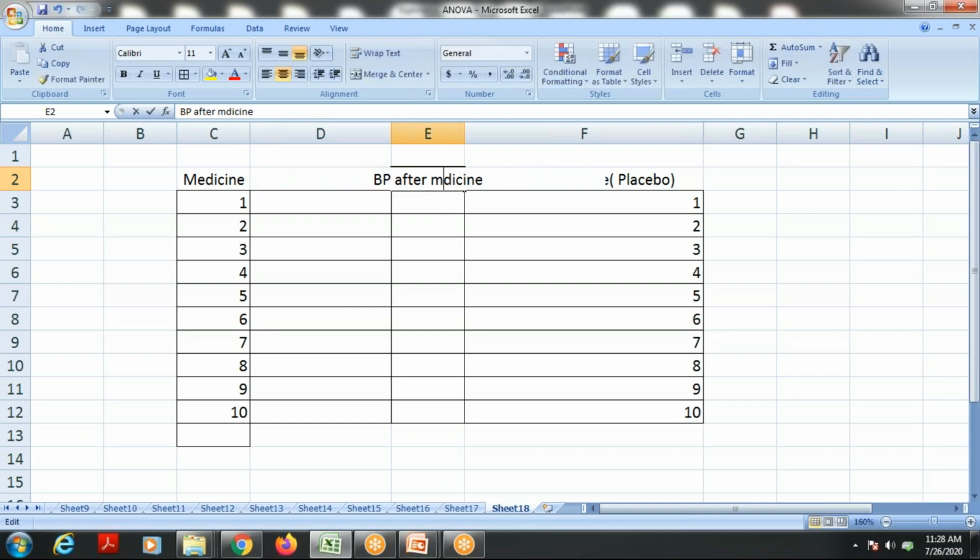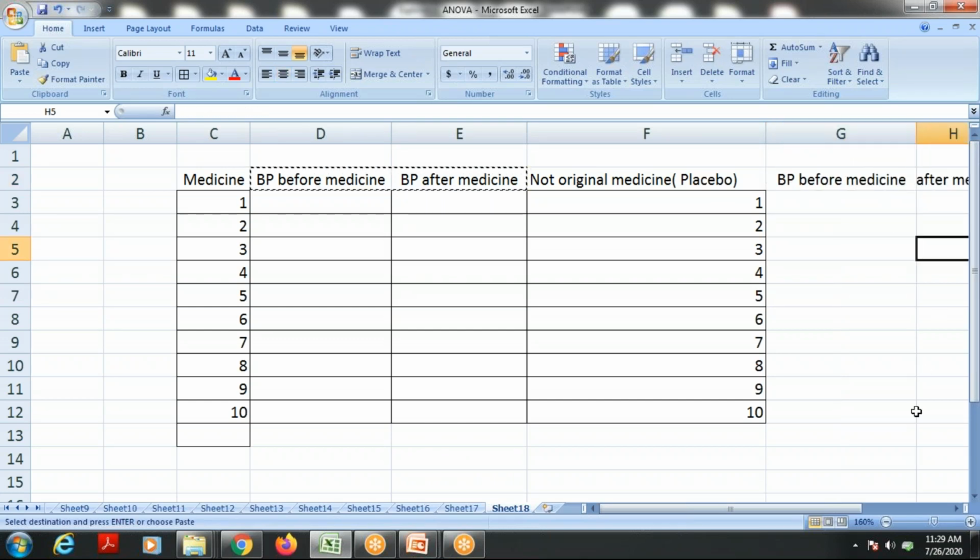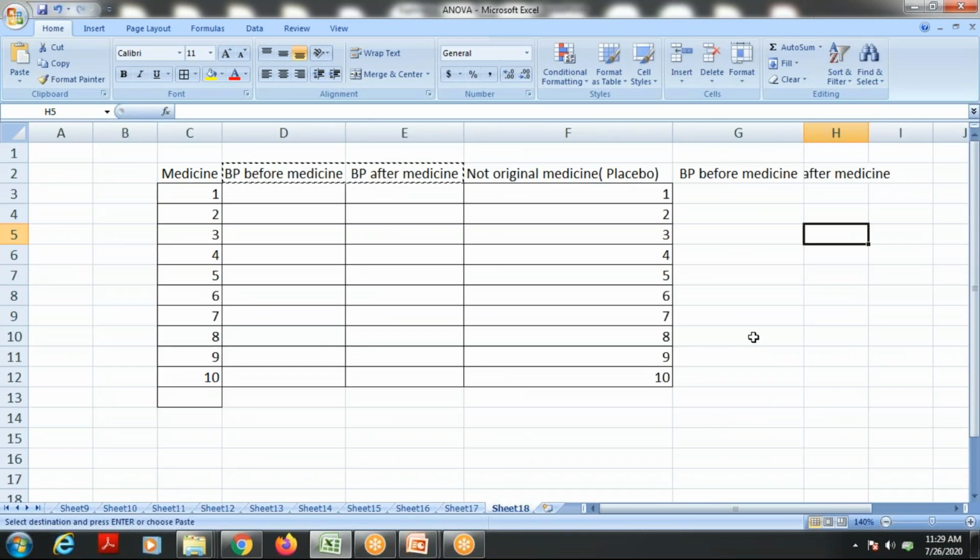This is for the first group. Then for the second group also you are getting this information. And then you are comparing whether your medicine is helping to control the BP or not.